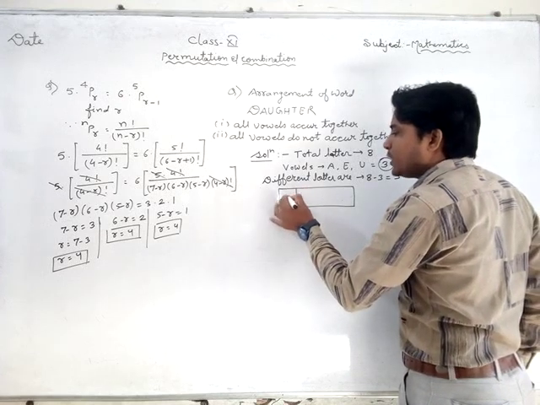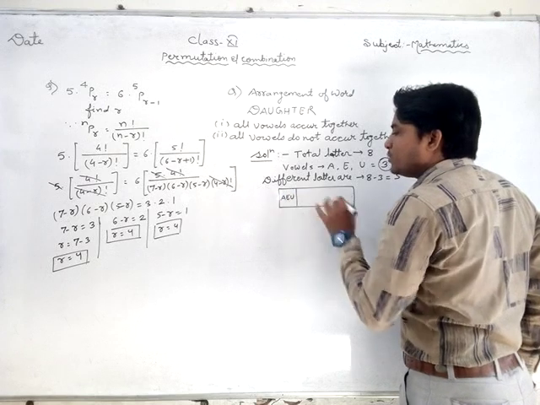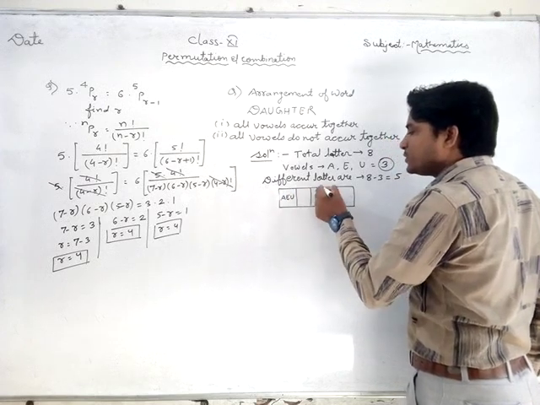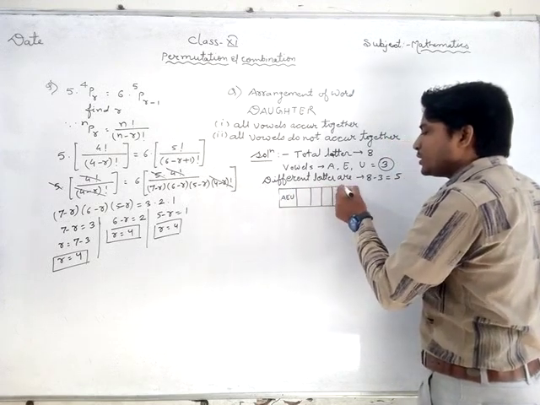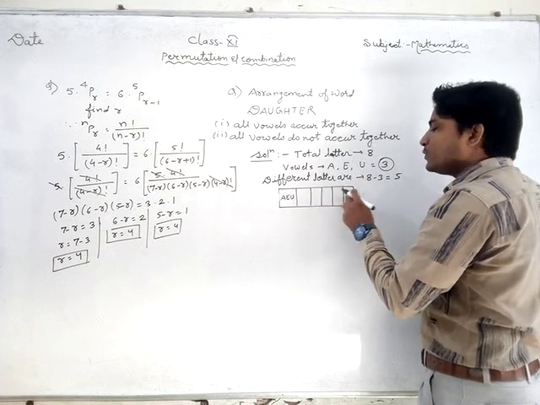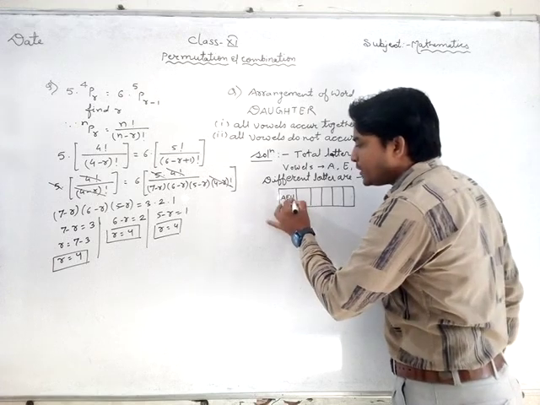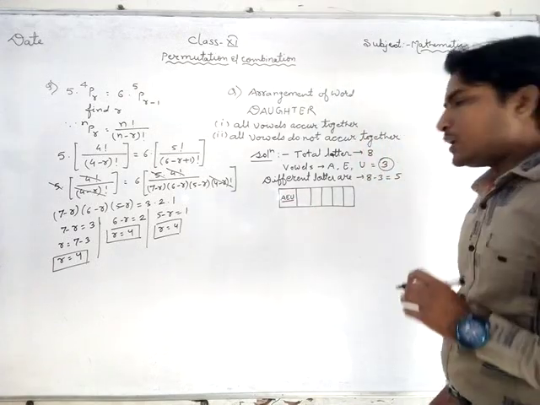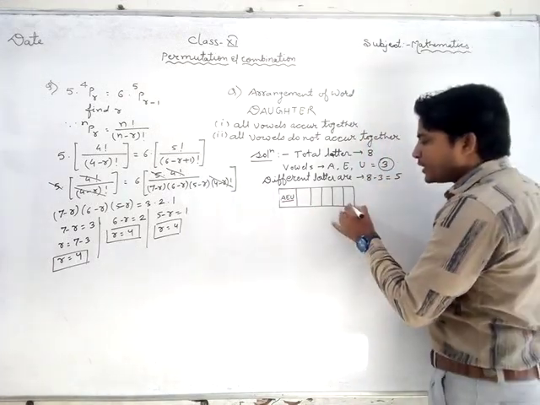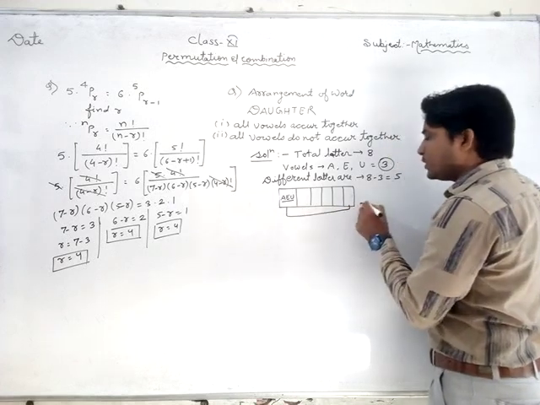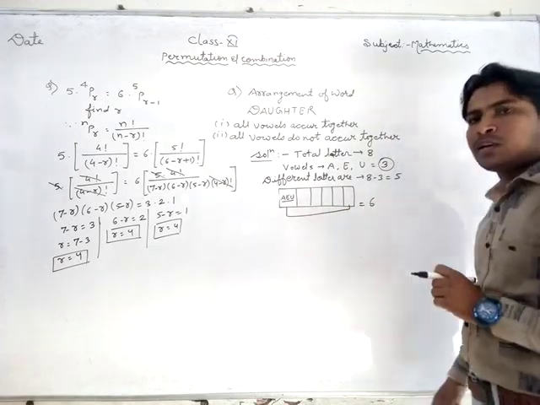Suppose A, E and U together count as one letter: 1, 2, 3, 4, 5 for the other letters, and 1 for the vowel group. So totally the arrangements are of 6 items.